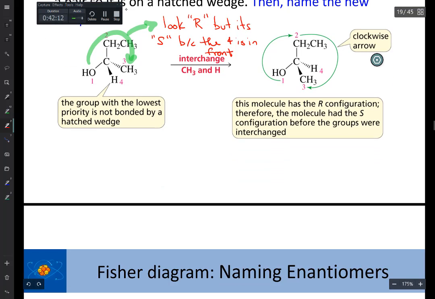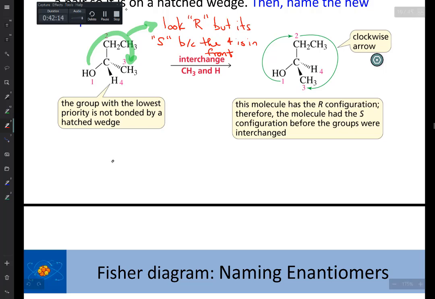So I'm going to draw a molecule like this. I'm going to draw the same one. And then I'm going to switch groups, like that, okay?